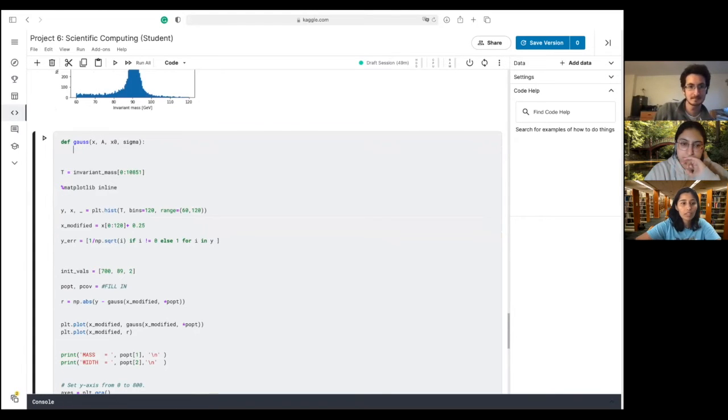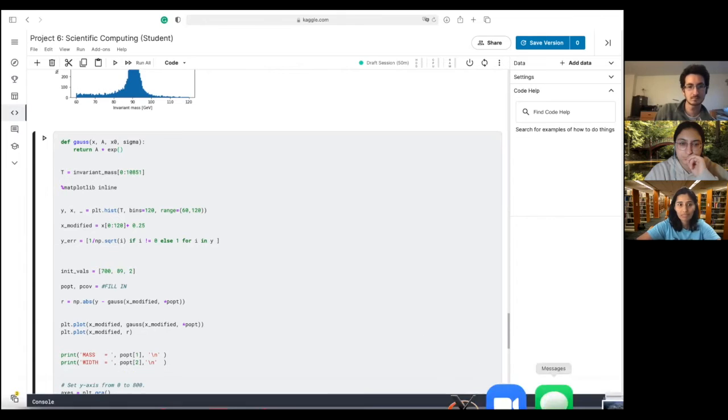that describes a Gaussian. A Gaussian has a mean and a variance associated with it, and it has an amplitude, and x is basically the x data. So we try to return a, which is the amplitude, times the exponential.